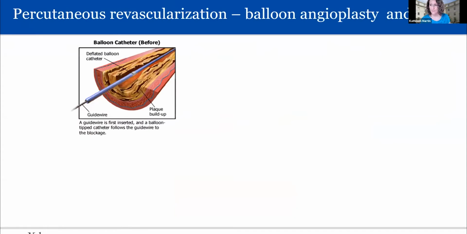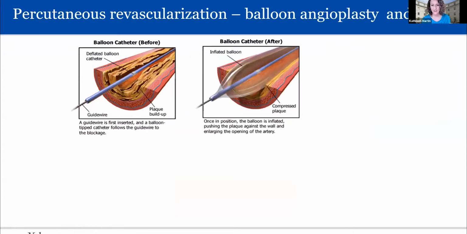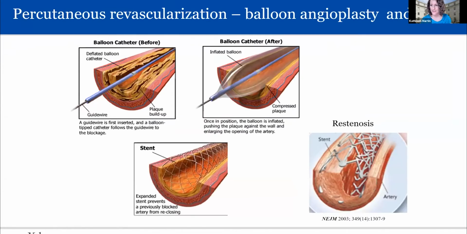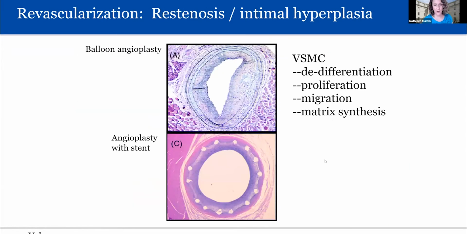Restenosis and intimal hyperplasia is a complication of revascularization procedures, including angioplasty and stenting, where the smooth muscle cells de-differentiate and proliferate to participate in a wound healing response, but this response can go overboard and form new lesions in the lumen. This is an example of these lesions in some rodent models of angioplasty or stenting.